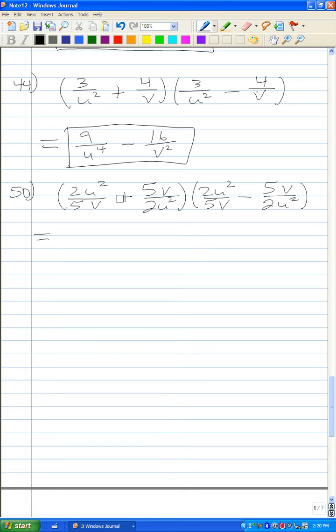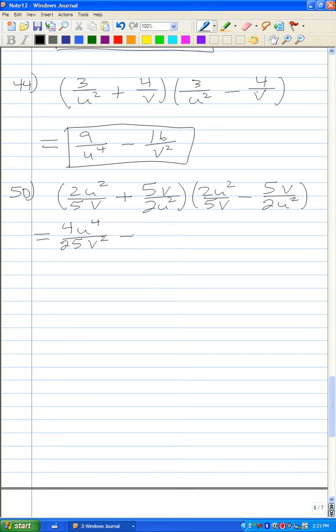So, let me do 2u squared times 2u squared is 4u to the 4. 5v times 5v is 25v squared.